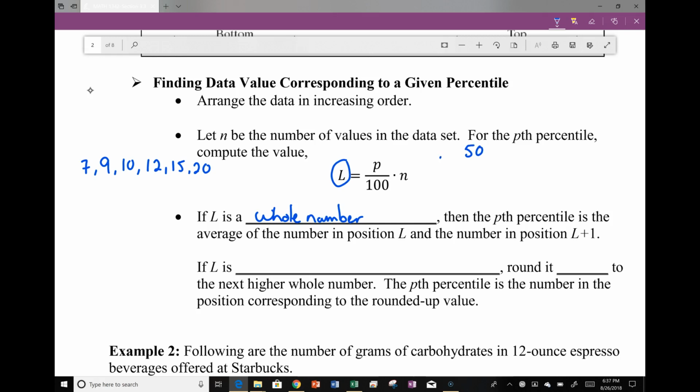What I'm going to do is take the location as equal to 50 divided by 100 times 6. 50 divided by 100 is 0.5, times 6. So that gives me 3.